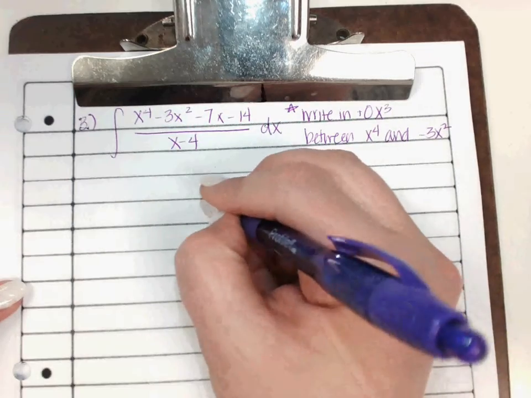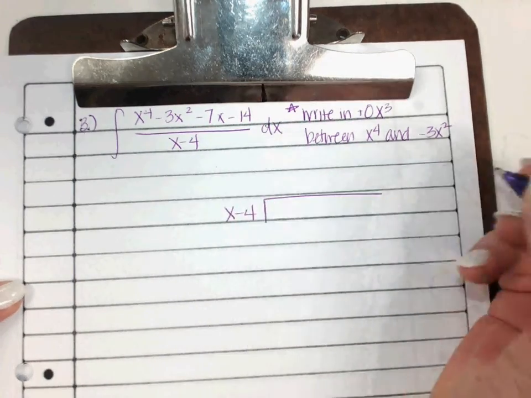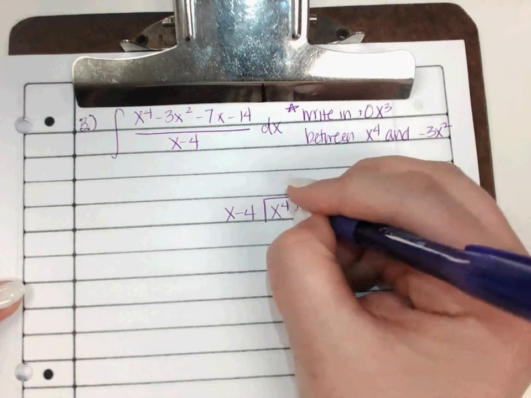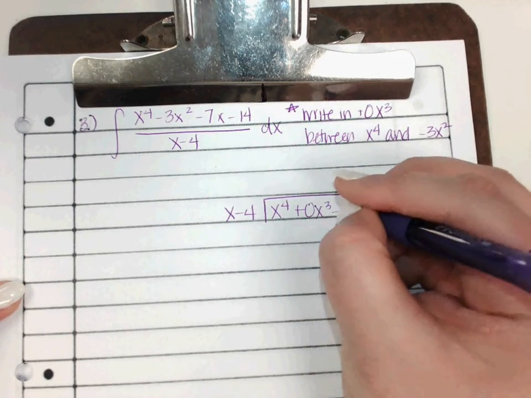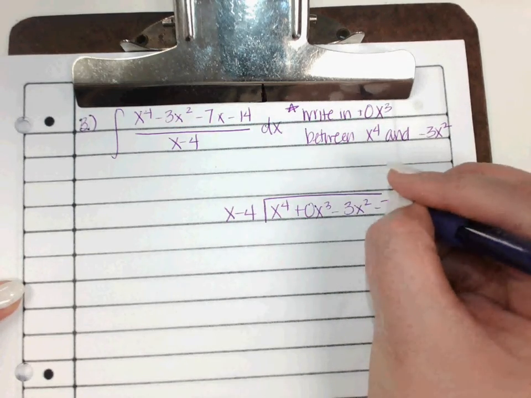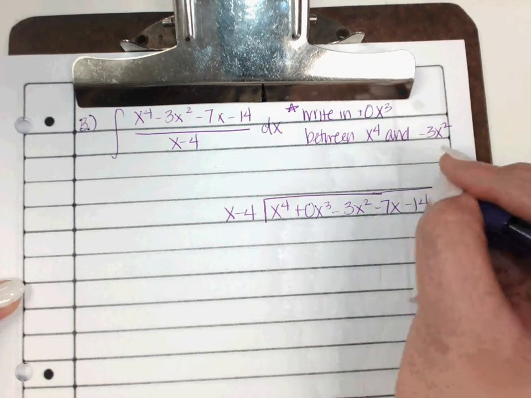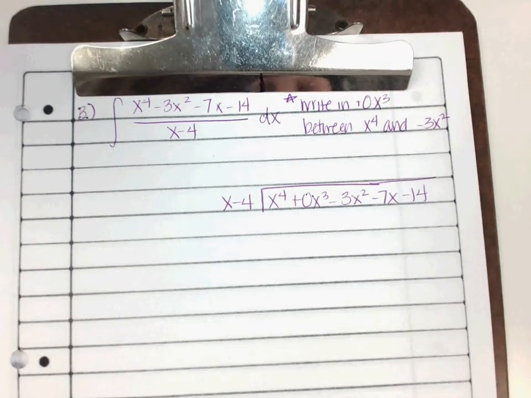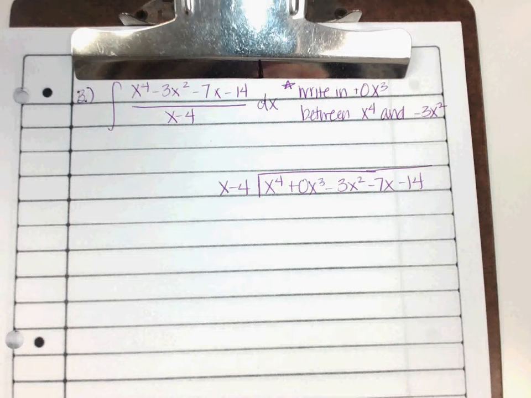So it'd be x minus 4 here, x4 plus 0x3 minus 3x squared minus 7x minus 14. When you learned long and synthetic division, that rule stays the same. You can't just jump over a term. It messes everything up. Okay, give it a shot.